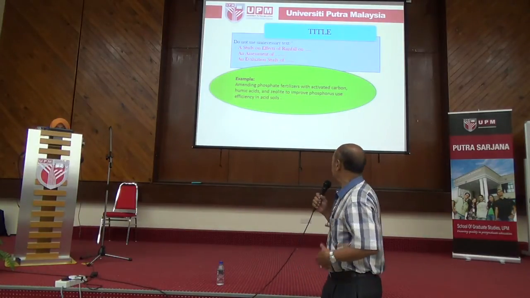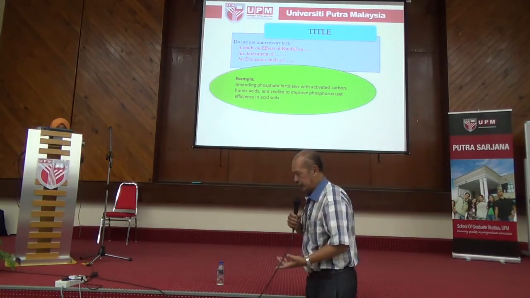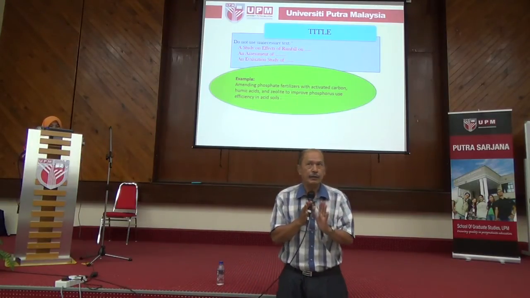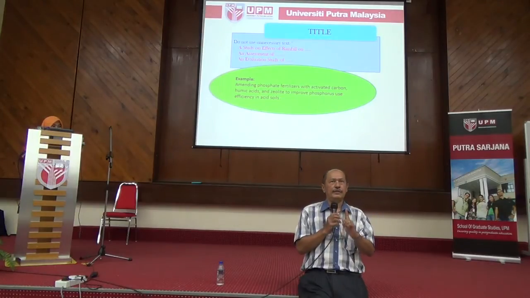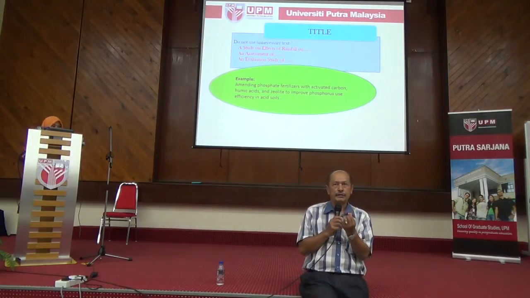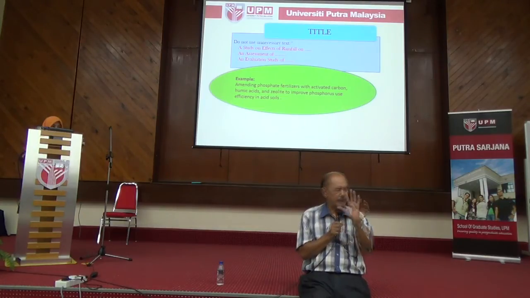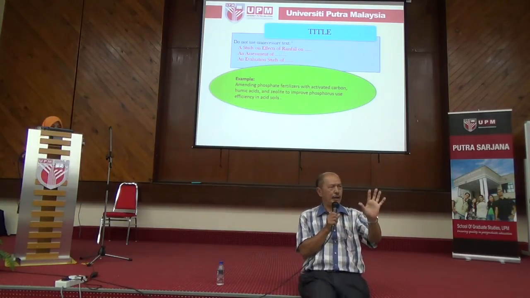Anyway, so okay, this is an example of a title, but it doesn't have to be this. Remember, your title must have the objective in 1 or 2 words. It doesn't matter if your English is broken, it doesn't matter.